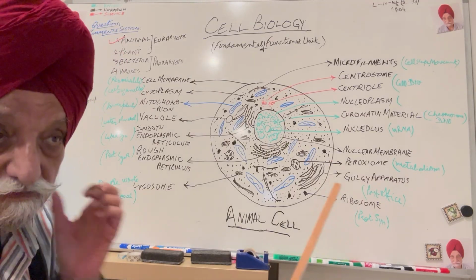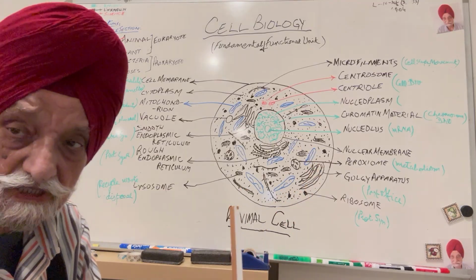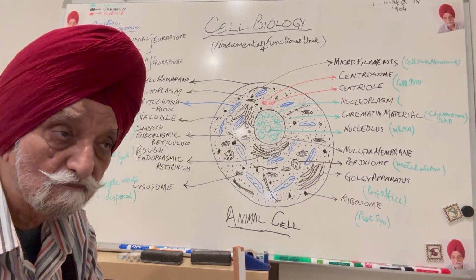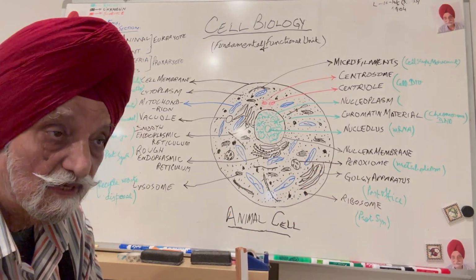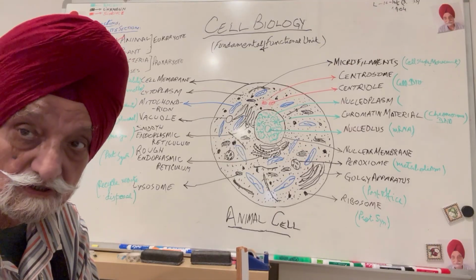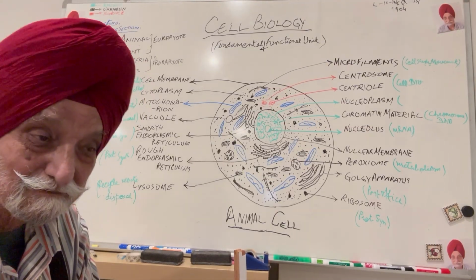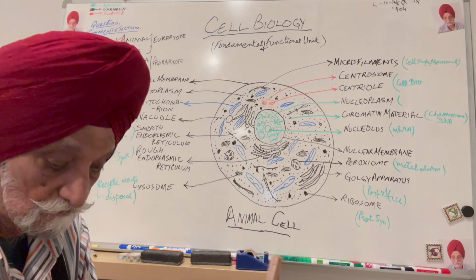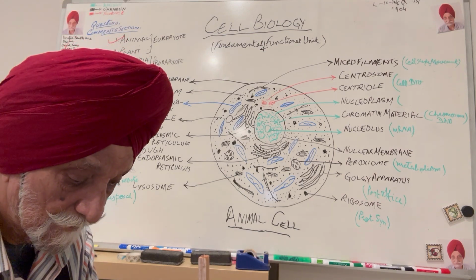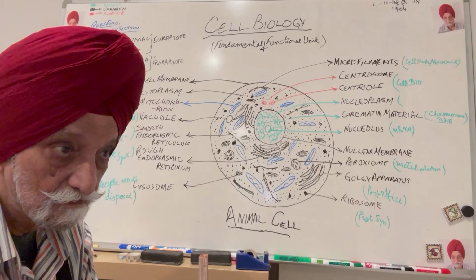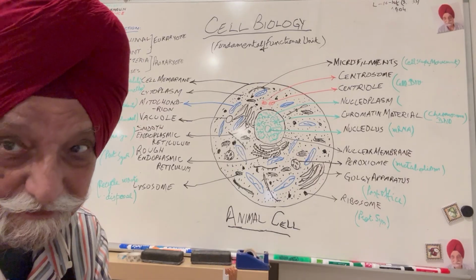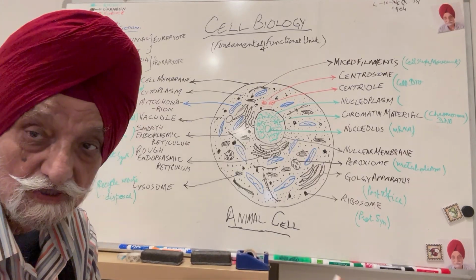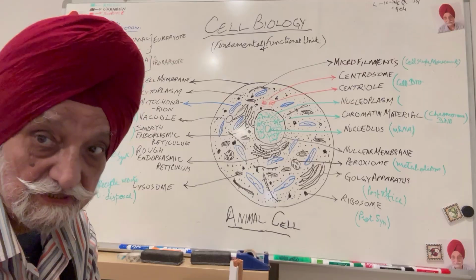Now, there are 46 chromosomes, I beg your pardon, in each nucleus, in each cell of the human body, which makes 23 pairs.